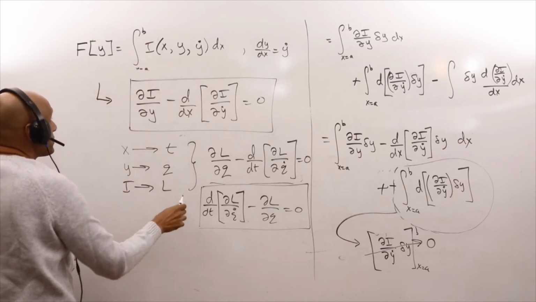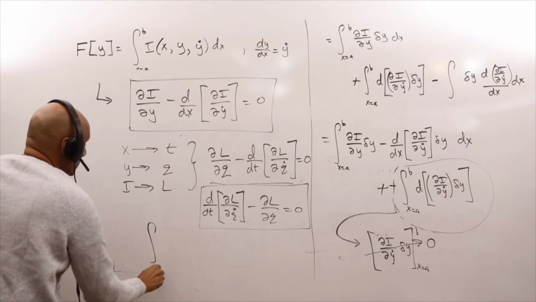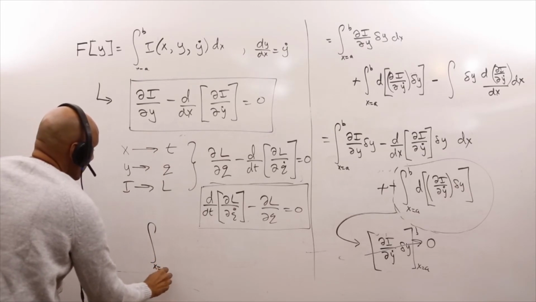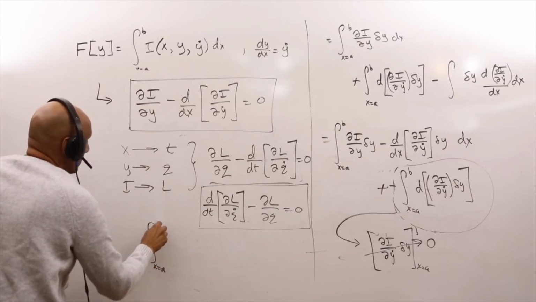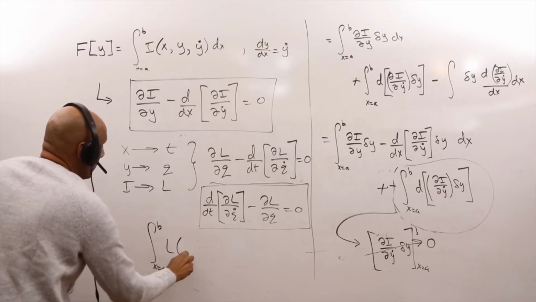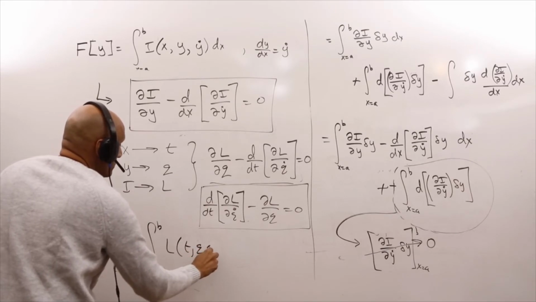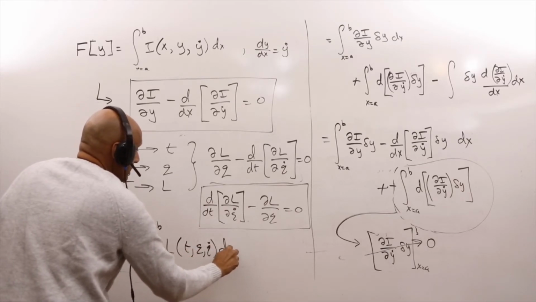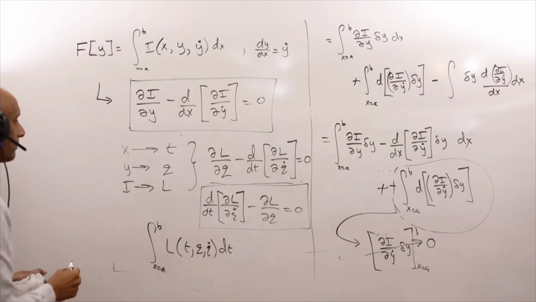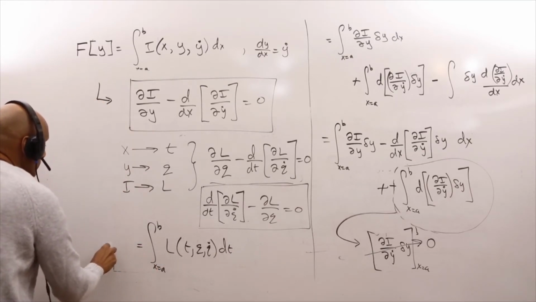If I substitute I for L, this functional has to have the form of the integral of L with the t's and the q and a single degree of freedom, dt. I'll call this A.